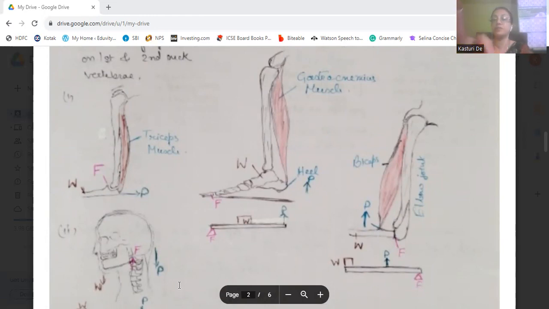Power is here, weight is here and the fulcrum is at the elbow. So when you are pulling the biceps up, what happens? The weight is pulling up, power is also going up, and it is moving about the fulcrum.